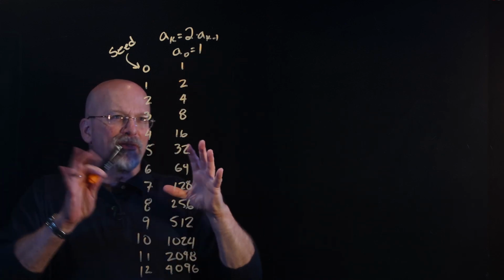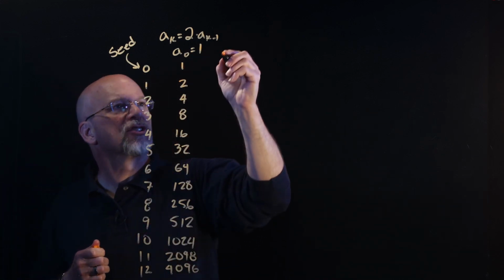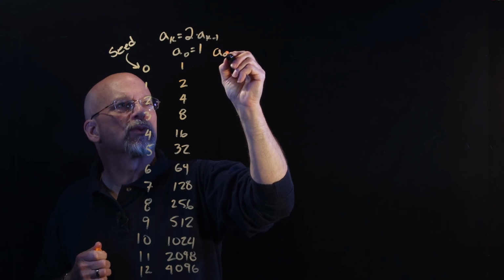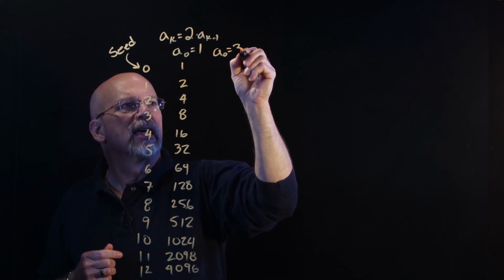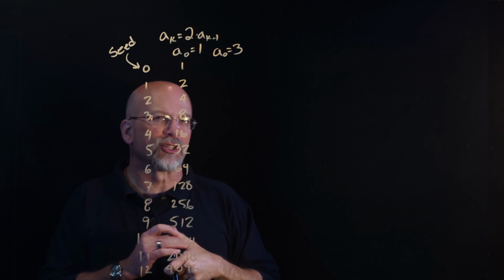Now, what if we made a slight modification to this? In fact, the modification really is nothing more than let's just change the seed. Let's see what happens with that same exact sequence, except we're going to start with 3 as our seed.